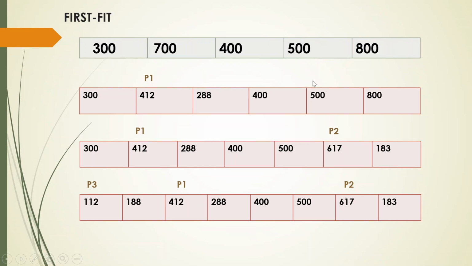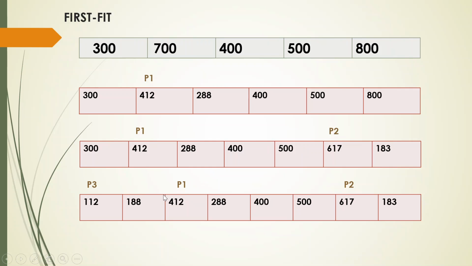Next we'll check 500. It also doesn't have enough free space. And finally we'll check 800. Yes, it has free space. So we'll split 800 into two parts: we'll allocate 617 and the remaining free space will be 183, and we'll give it the name P2.